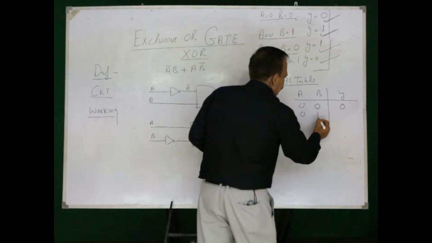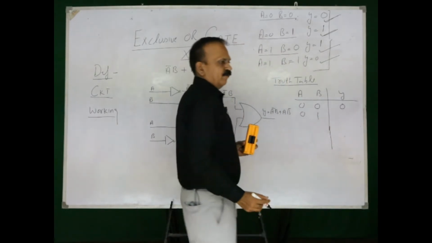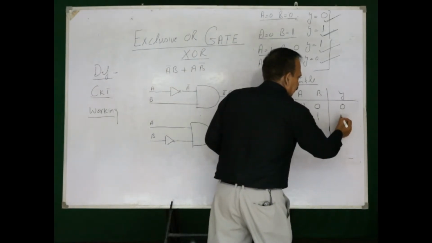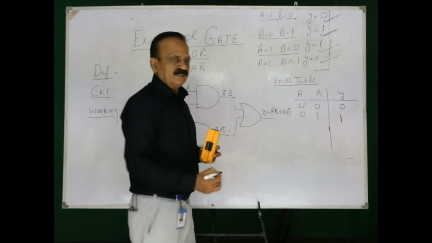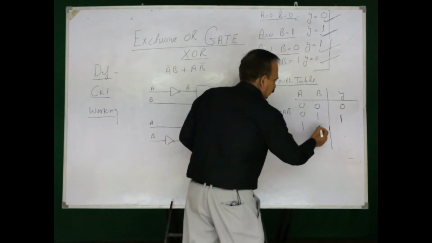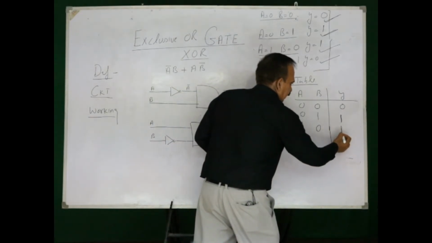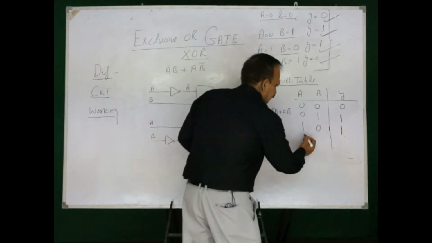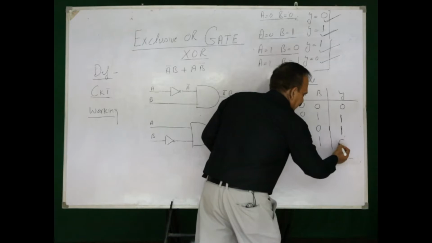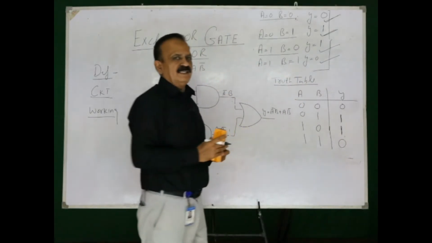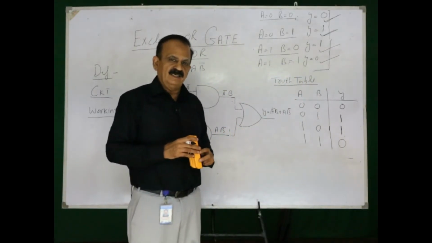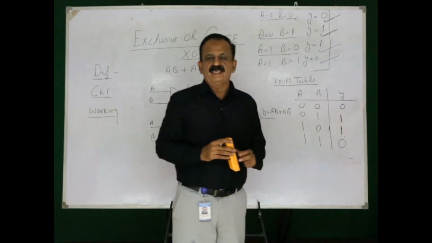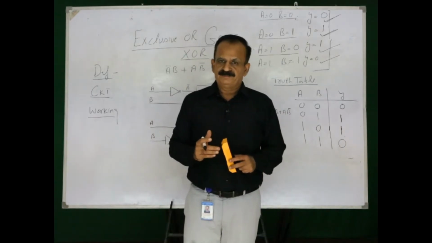When A is 0 and B is 1, number of high inputs odd, this result is going to be 1. When this is 1, this is 0, the result is going to be 1, and when both are 1, again the result is going to be 0. So definition is justified. The output is high when number of high inputs are odd.